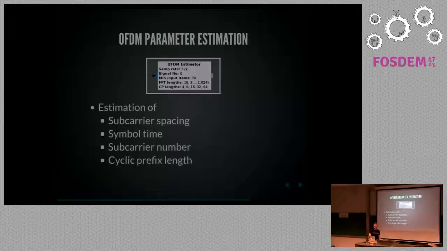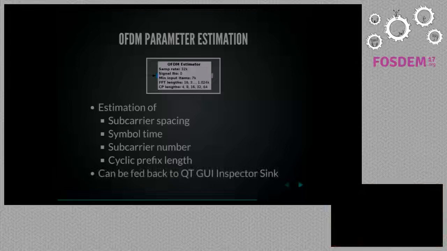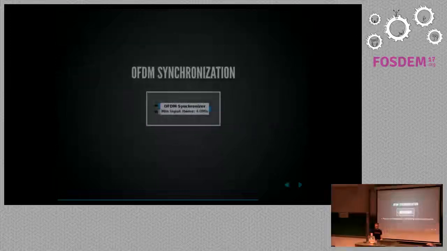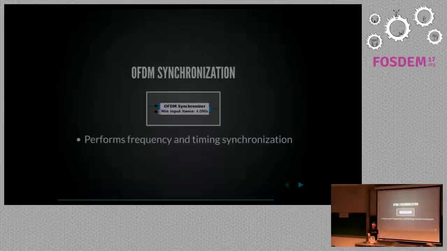And as I said, the results can be fed back to the Qt gr-inspector sink and will be plotted next to the signal. Also, there's an OFDM synchronization block. This, surprise, performs a frequency and timing synchronization for OFDM signals.